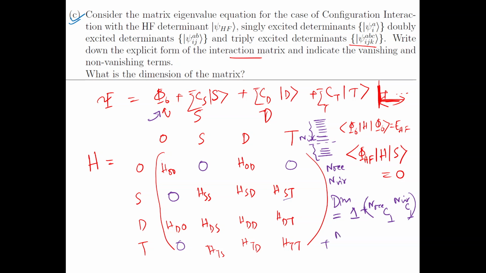Similarly, you can take two electrons from n occupied to n virtual, n occupied C2 times n virtual C2, and for triples, n occupied C3 times n virtual C3. So this is the total dimension of your matrix, or you can say this is m. Then you will get an m by m matrix, right?